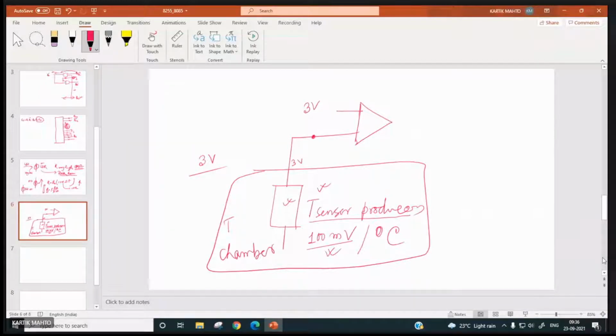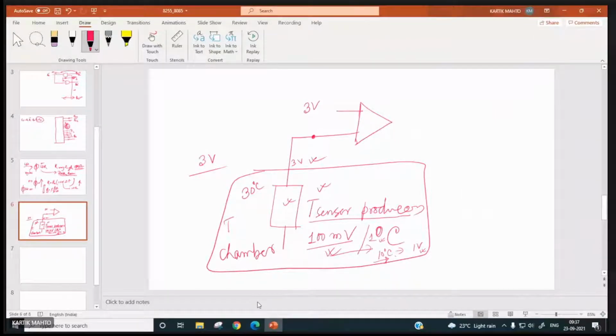In 10 degree centigrade, it will produce how much? 1 volt. 100 millivolt in 1 degree centigrade. So if temperature increases by say 10 degrees centigrade, it will produce 1 volt. Yes, at 30 degrees we need 3 volts. At 30 degrees centigrade, it will produce 3 volt. Okay. Now if temperature is more than 30 degree, what will happen?